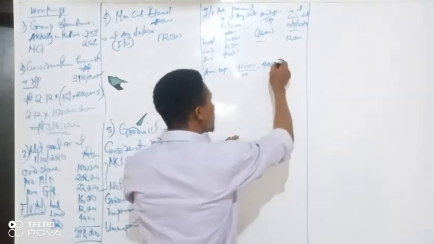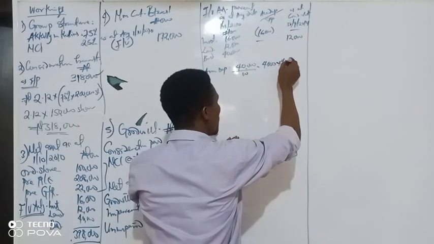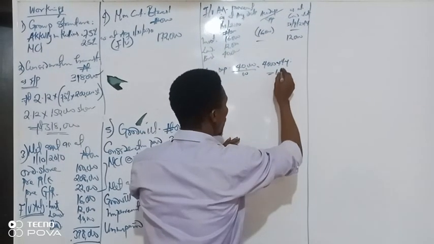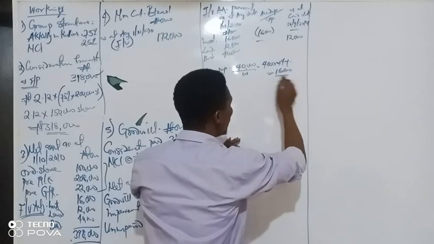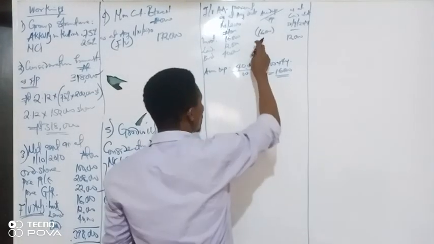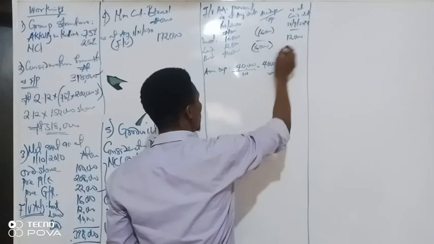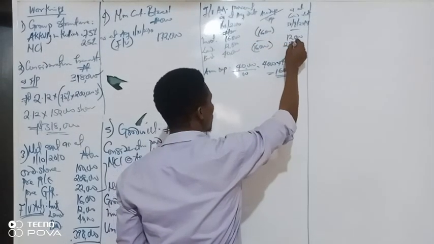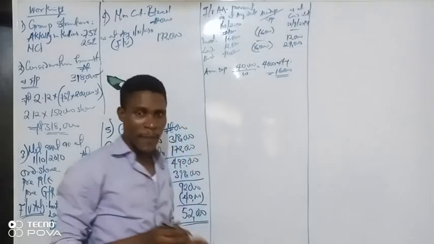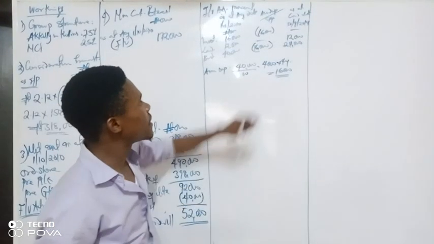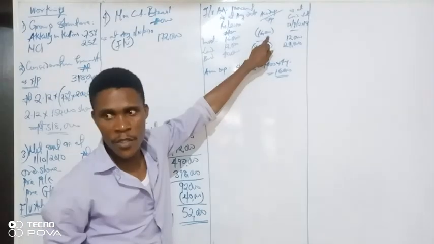So multiply by 4 years, 16,000. That's our accumulated depreciation. So the difference now, 24,000.